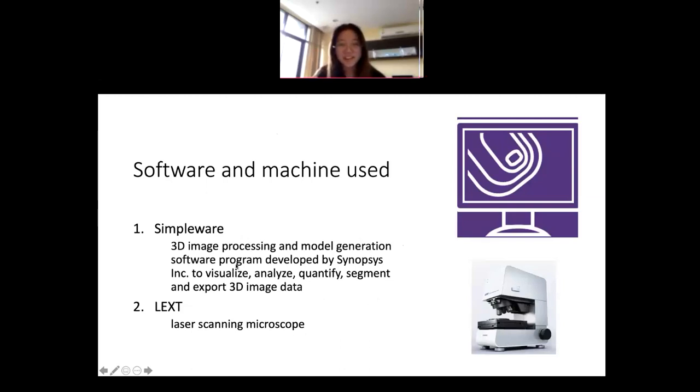The first one is the purple one, Simpleware. It is a software that is used for 3D image processing, so it can visualize 3D image data. And the second one is called Lex.